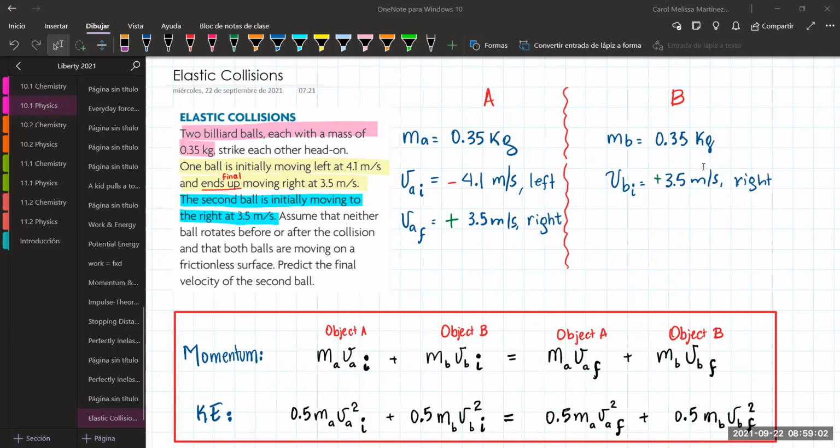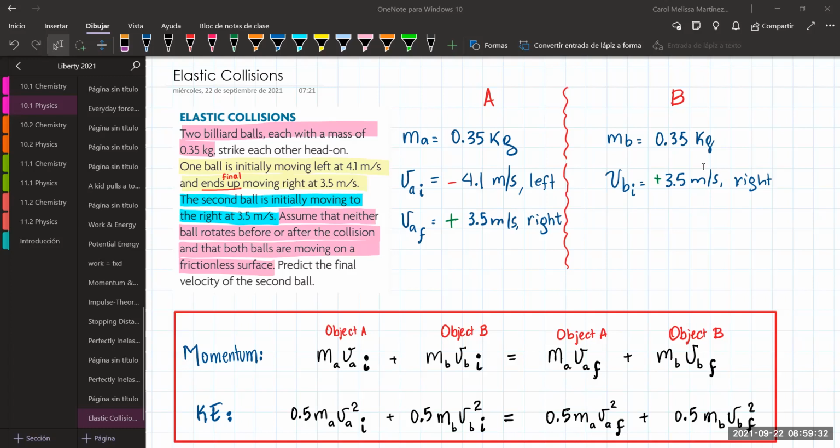And then it says, this is important that you analyze this. It says, assume that neither ball rotates before or after the collision and that both balls are moving on a frictionless surface. All that sentence means that this collision happens under ideal conditions. Ideal conditions do not exist in real life.